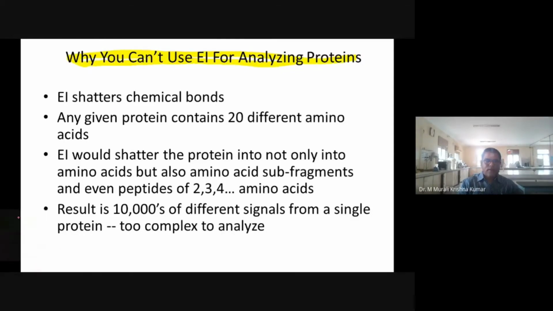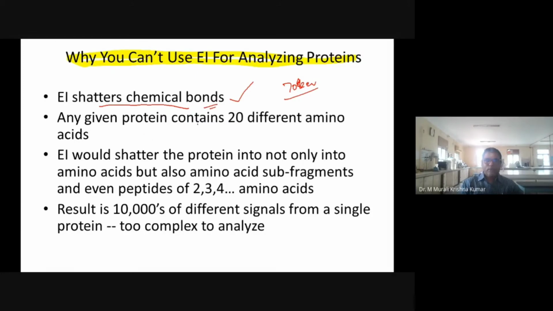In case of electron impact, it shatters the chemical bonds because we are using 70 electron volts energy, very high electron energy. So that's the reason why chemical bonds can be shattered.